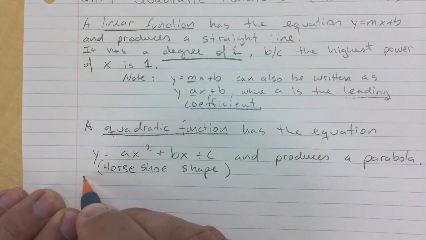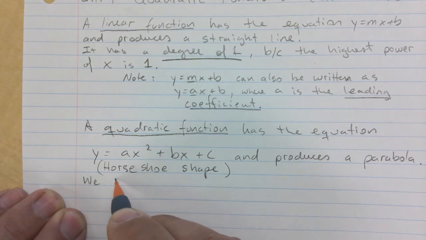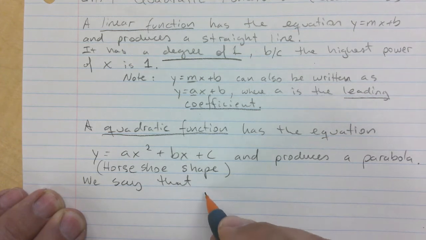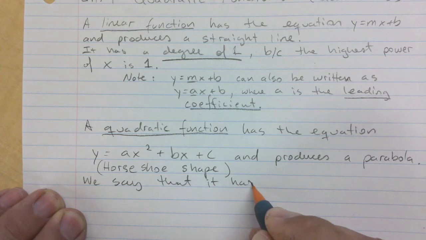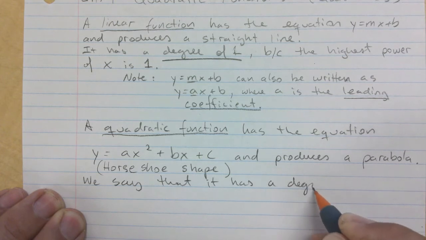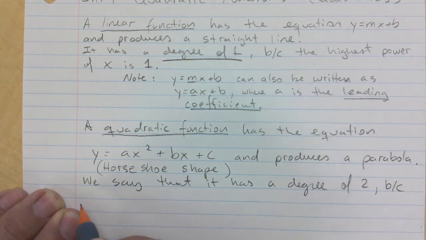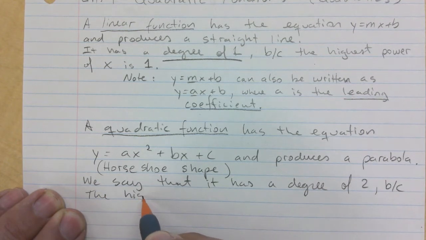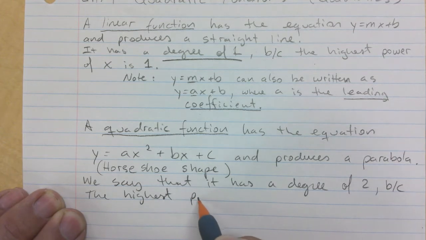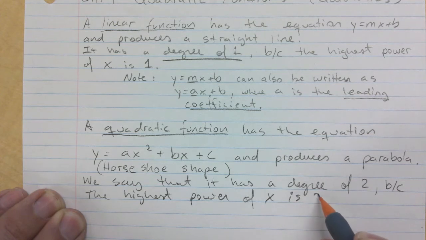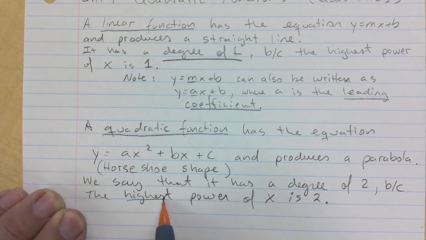We say that it has a degree of 2, comma, because the highest power of x is 2. Highest power of x is 2.